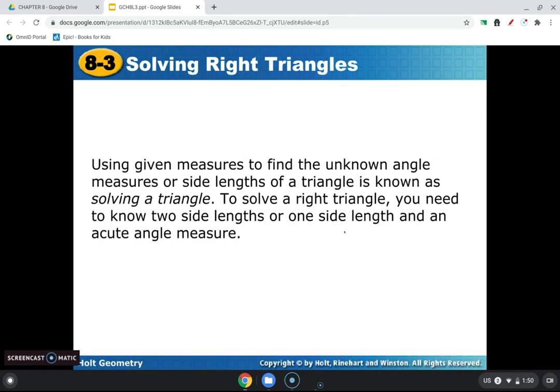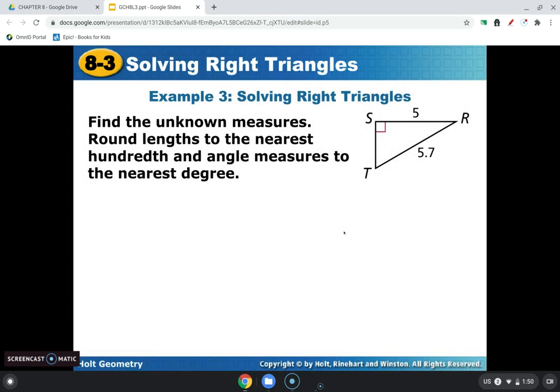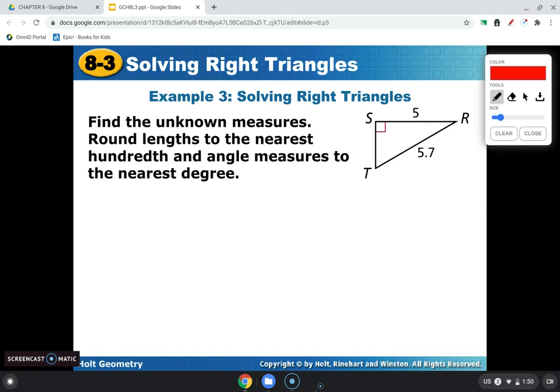All right, using given measures to find unknown angles and side lengths is known as solving a triangle. To solve a right triangle, you have to find all the missing parts using trig or the Pythagorean theorem as you go. All right, find the unknown measures, round lengths to the nearest hundredth and angles to the nearest degree. So we're missing R, T, and ST. Let's find R first.